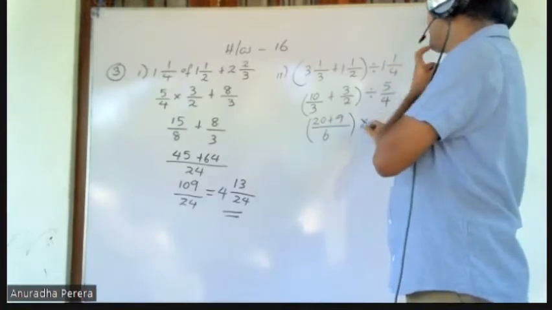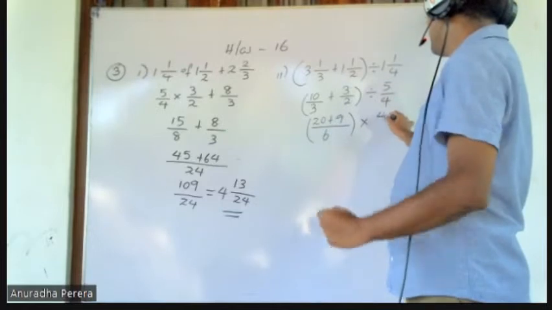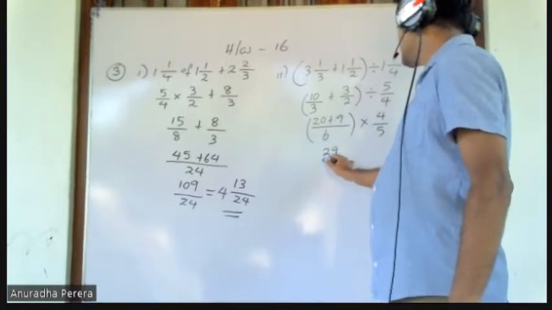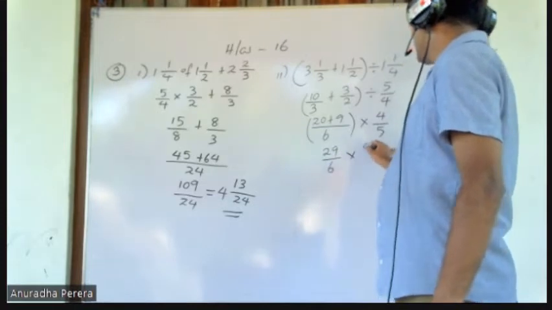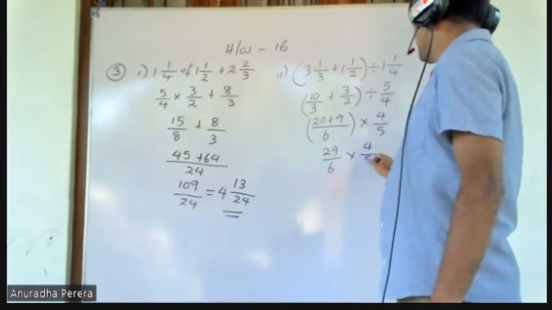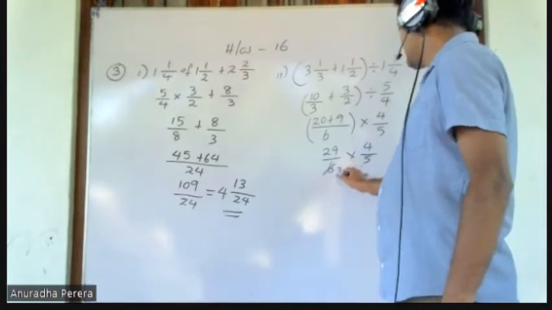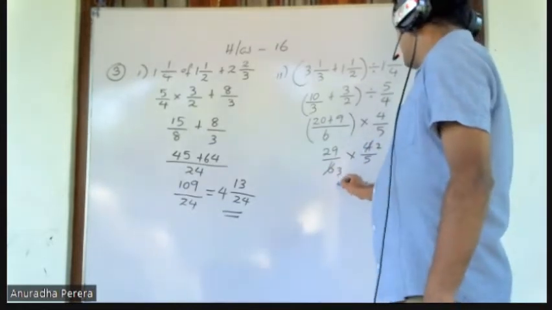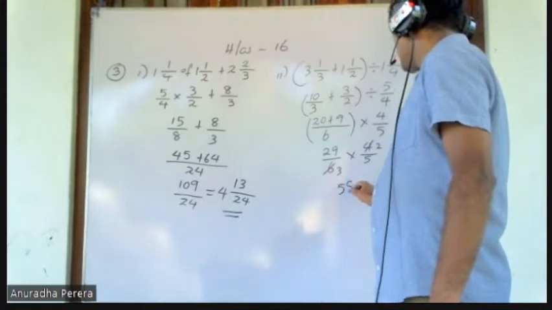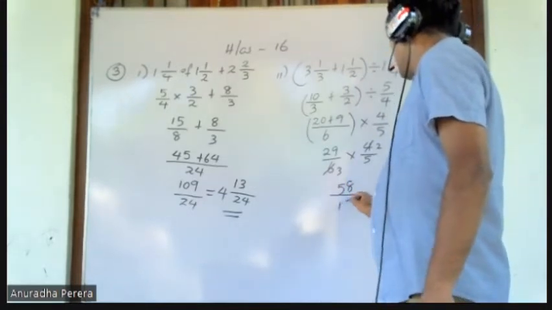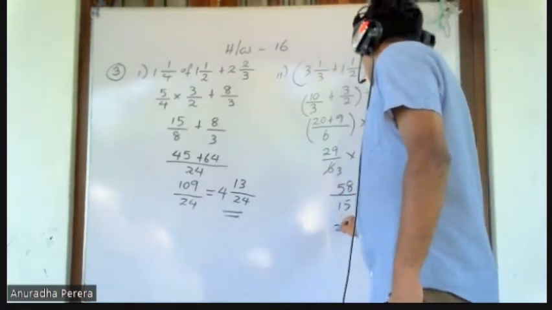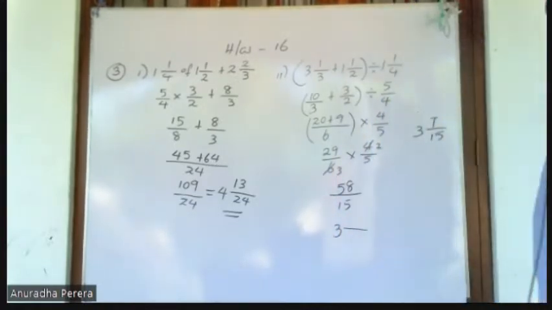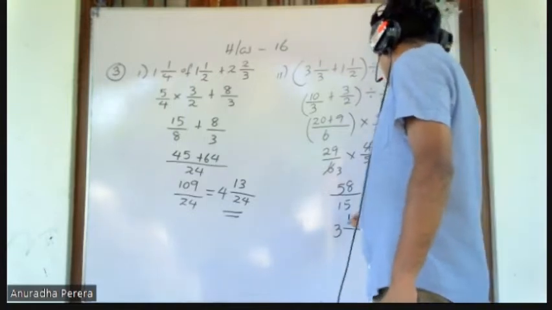And multiply by the reciprocal. 4 over 5. 29 over 6. 4 over 5. We divide by 2. This is 3. This one is 2. 58 over 15. The answer is 3 13 over 15.